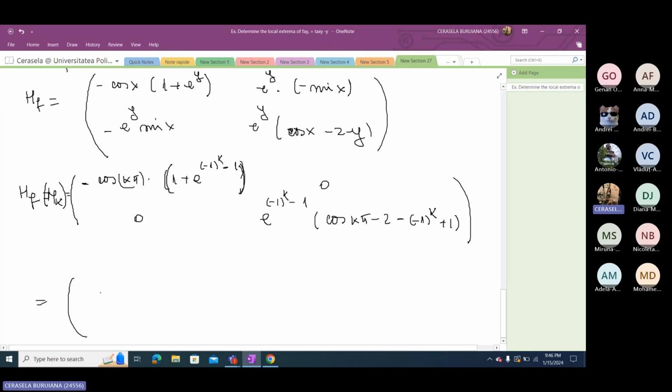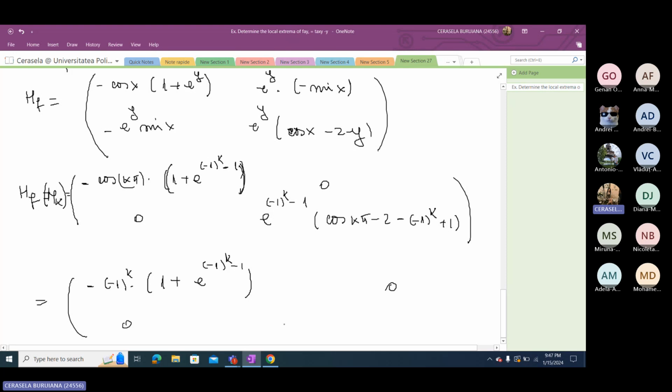Good. So minus cosine of k pi, I know that's (-1)^k. Here I leave 1 plus e to the power (-1)^(k-1). Here it's 0. Also here it's 0.